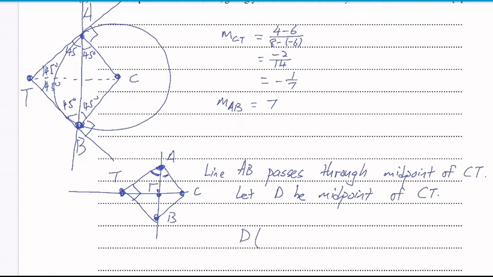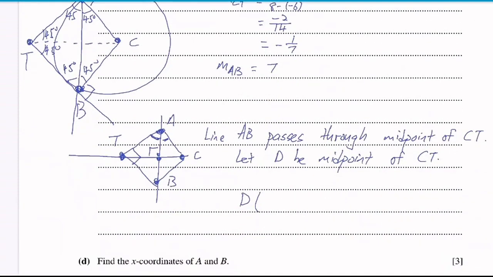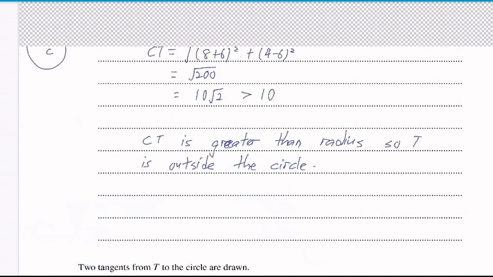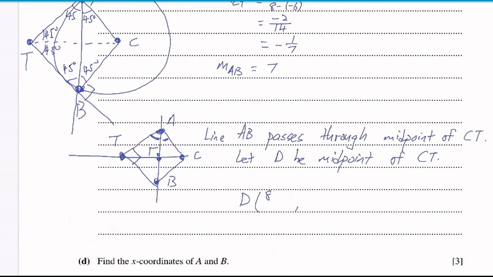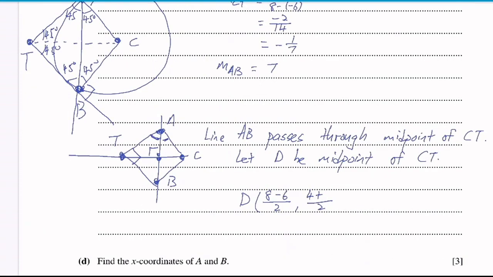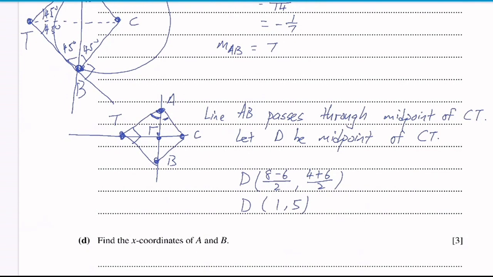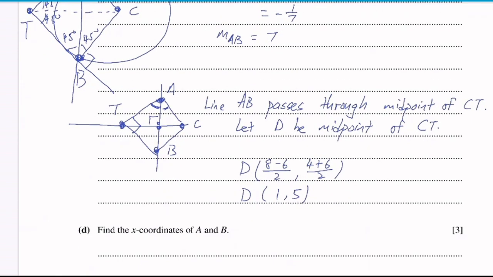The midpoint of the CT, we just need to add the C and the T. The C is 84, and then the T is negative 6. So the G here is actually 1 and 5.